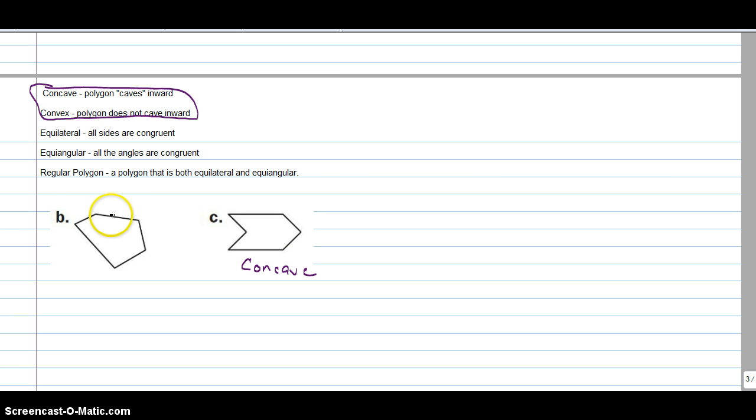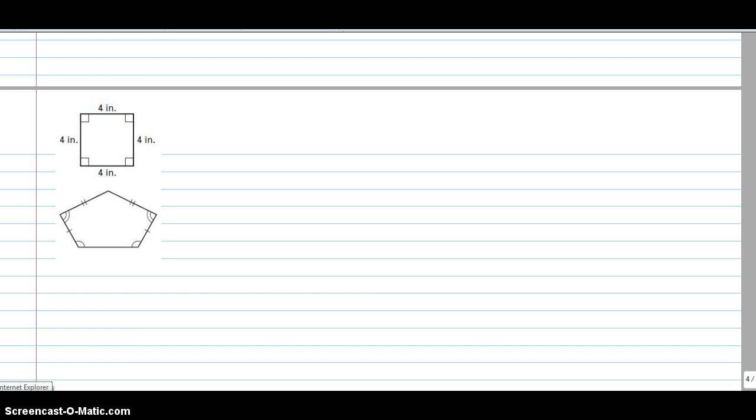This one does not go inside, so this is convex. Another way to remember concave is it caved in. Like you're right here and it caved in. Over here, it went out, so no problem here. But here you went inside the polygon. That means concave.